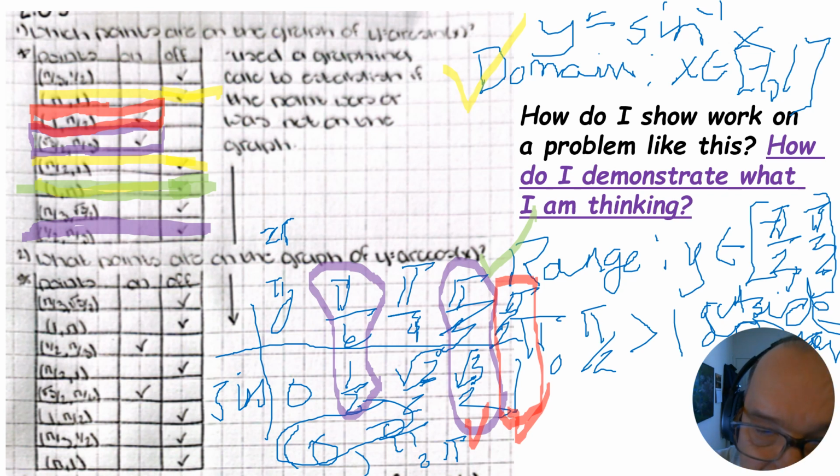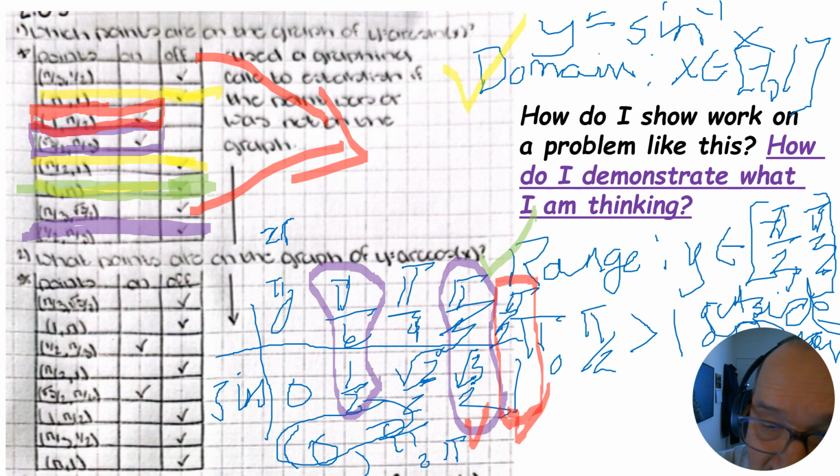So now I look at the other ones, and I have pi over 3, 1/2, and I have pi over 3, square root of 3 over 2. Now you might be fooled on these, but these are not on the graph. First of all, these ordered pairs have the angle first and the ratio second instead of the ratio first and the angle second.